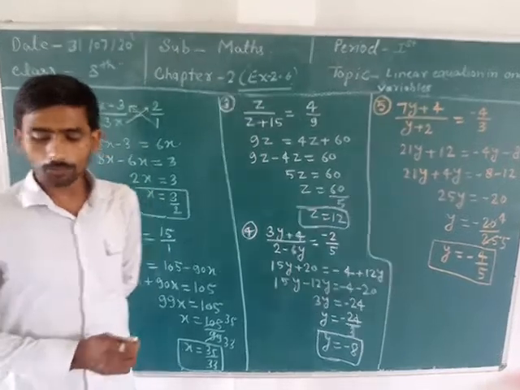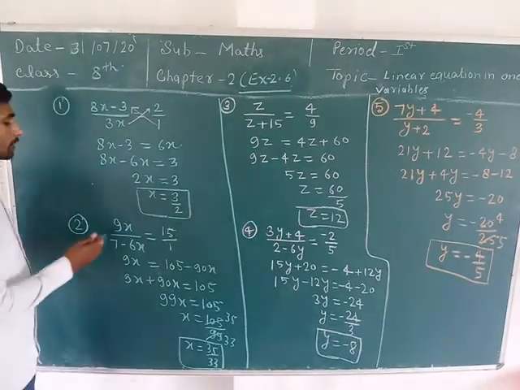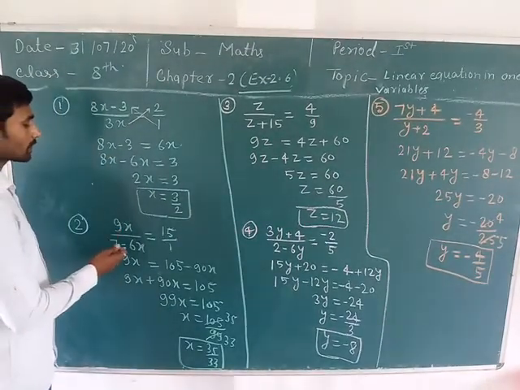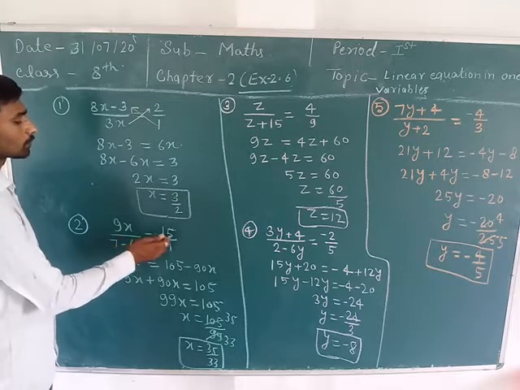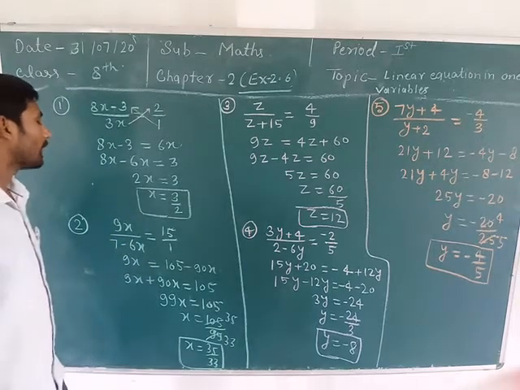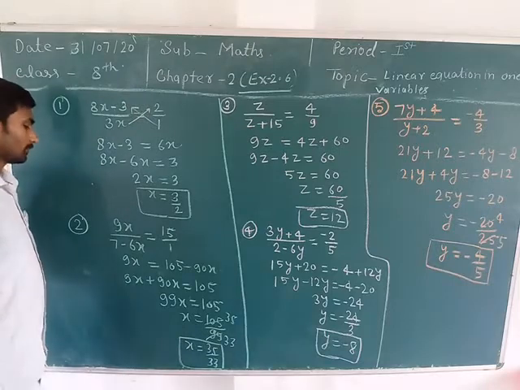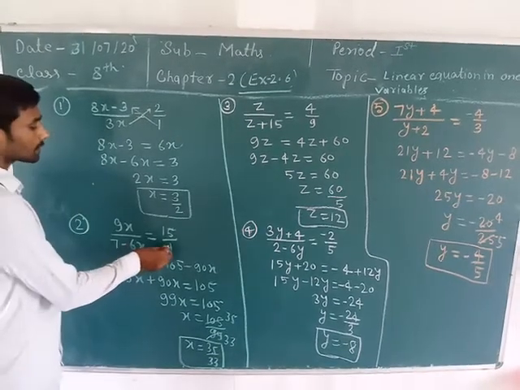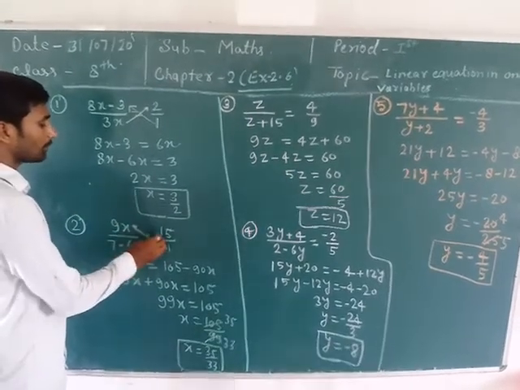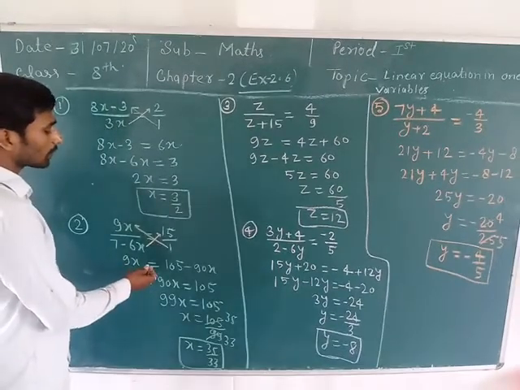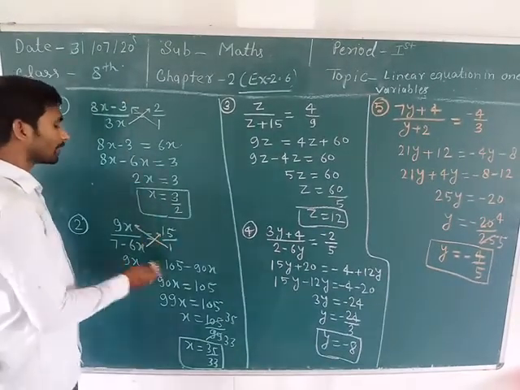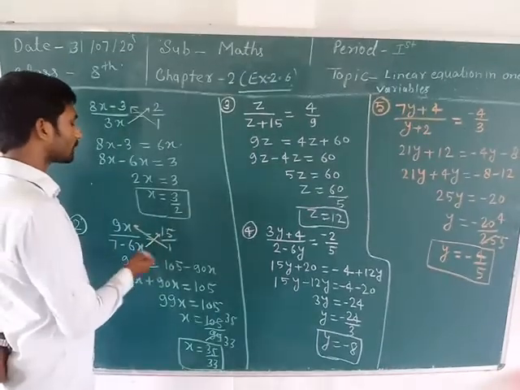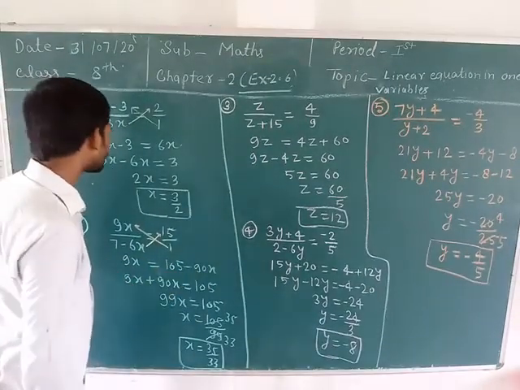Question number 2 is given as 9x upon 7 minus 6x equal to 15. We can write 15 upon 1. Then by cross multiplication we have 9x equal to 15 times 7, which is 105, and 15 times 6 is minus 90x.